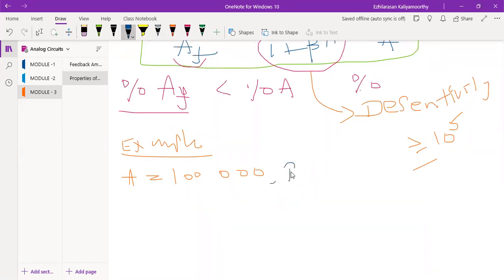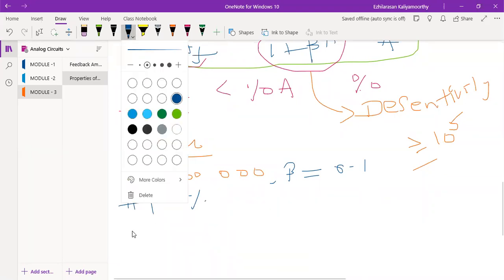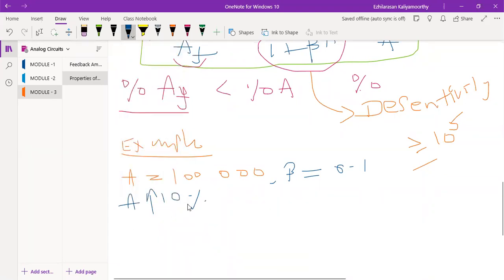Then I will consider the beta value is 0.1. Now we can say the open loop gain A is increased by 10% as a result of changes in ambient temperature.